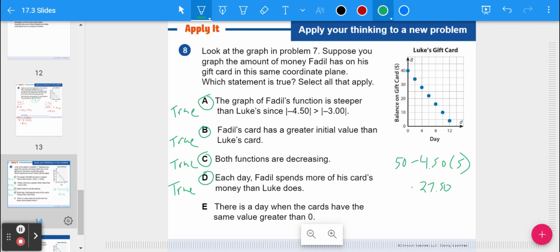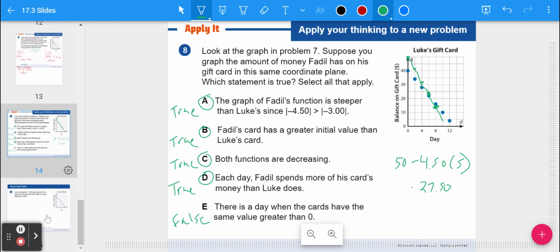And after 5 days, Luke would be down to 25. And I actually just started graphing it because it goes down $4.50 or $9 every 2 days. It actually will never cross on the same day at the same amount. So it crosses over at about that 7-day mark, but it will not.